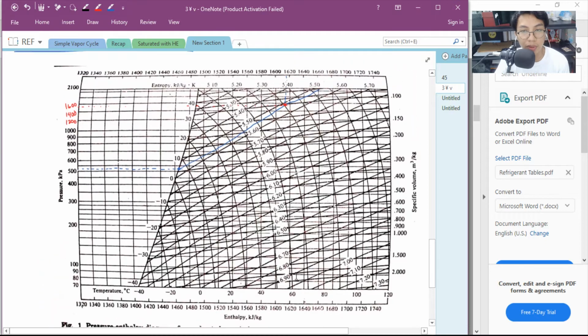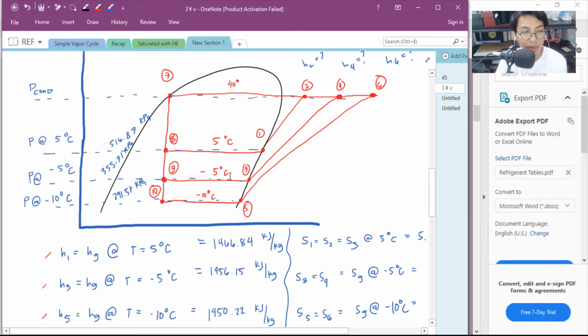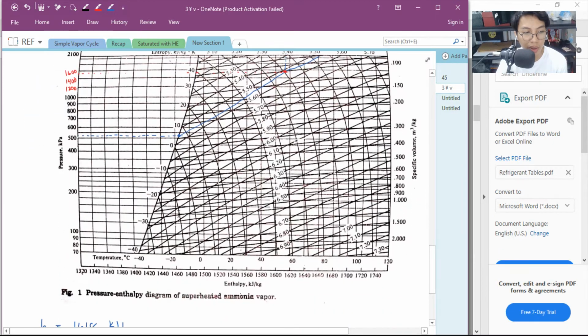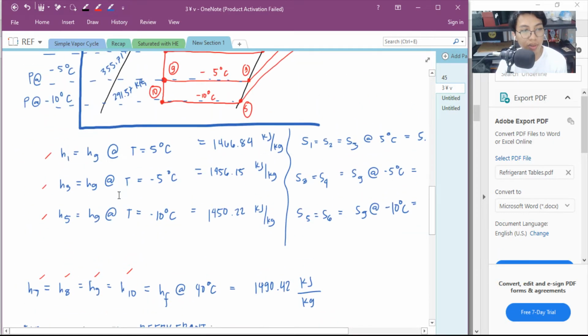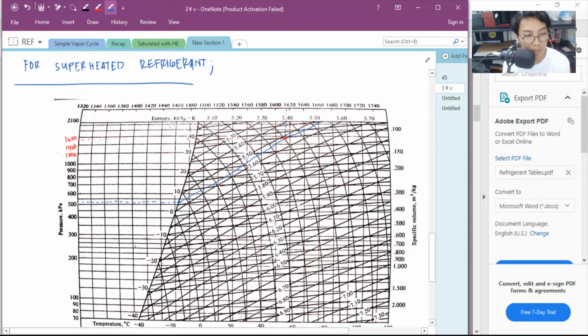How about H4? Yung H4 mo, saan po ba siya magmumula? Tignan mo dito. H4, this is 0.3. So, pressure at 3, temperature at 3. The pressure at 3 is 355.71. So, dito yan, 355, somewhere here. Ang temperature niya is negative 5.